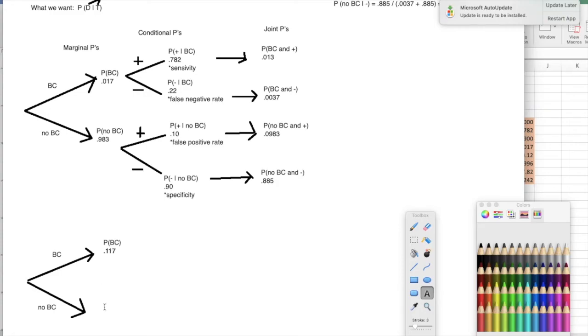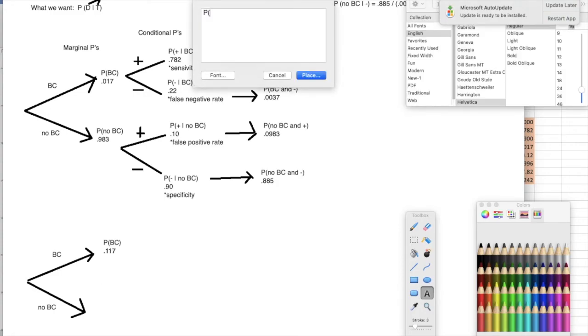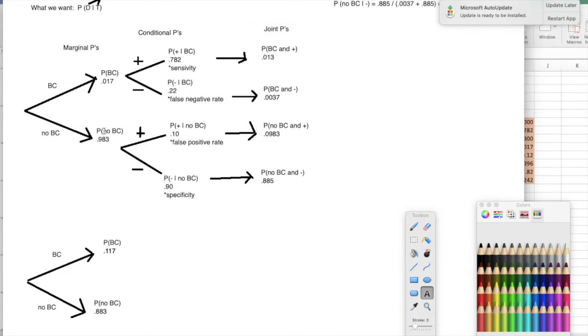So now the probability of them not having breast cancer is the complement of that: 1 minus 0.117, which is 0.883, which is a little bit less than what it was before, which makes sense, right? Because now their chances of having breast cancer are slowly increasing. So the probability of them not having breast cancer is going to be a little bit less.